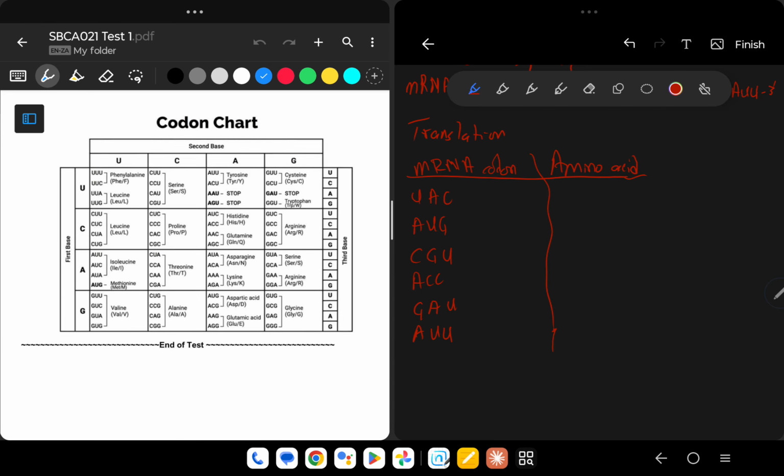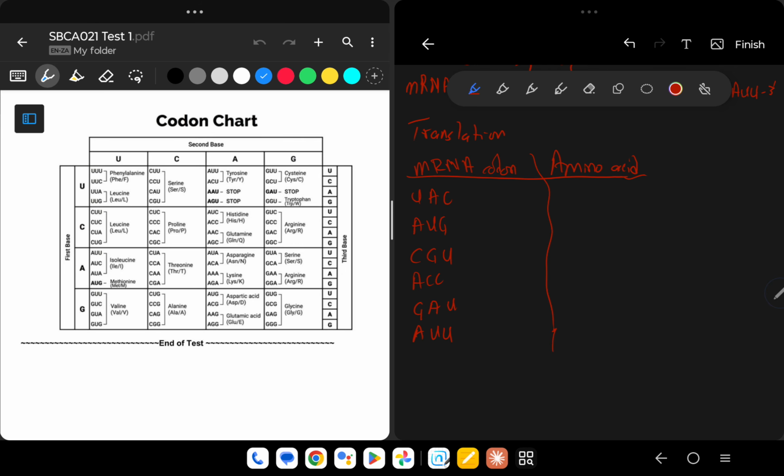So the first base, we have UAC. The first base is U here. And then the second base is A here. And then the third base is C. So we check here on C. The amino acid is tyrosine, which you can also write TYR, but I'll advise that you write them in full.